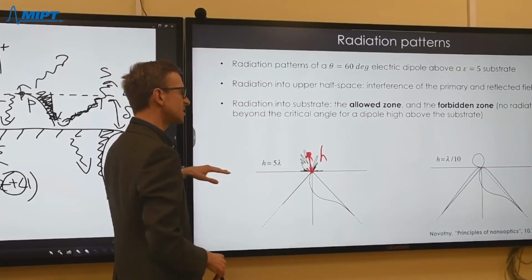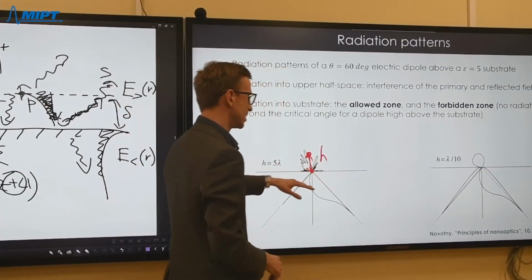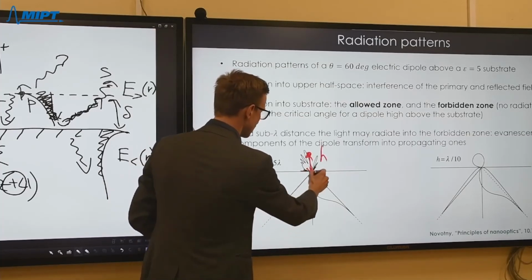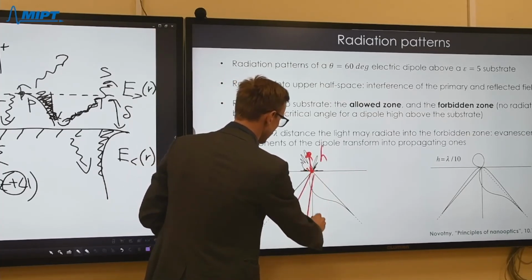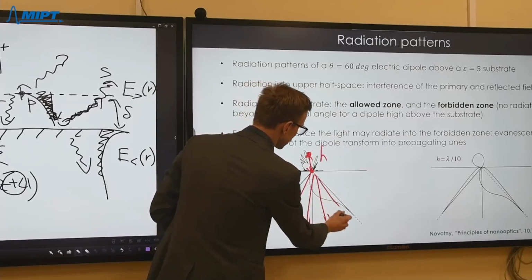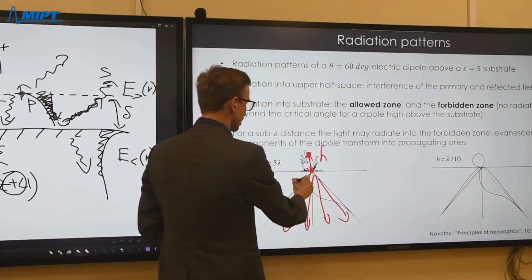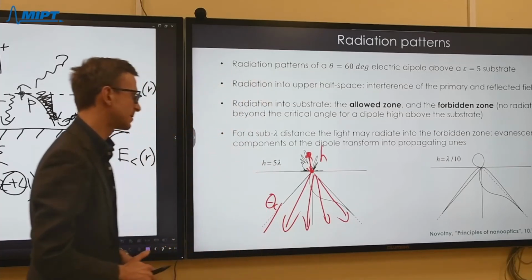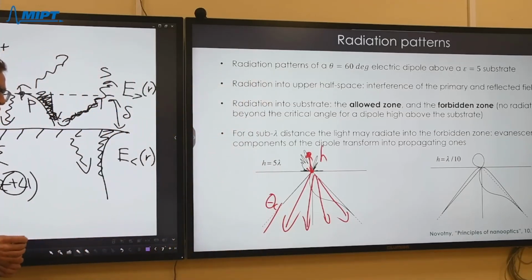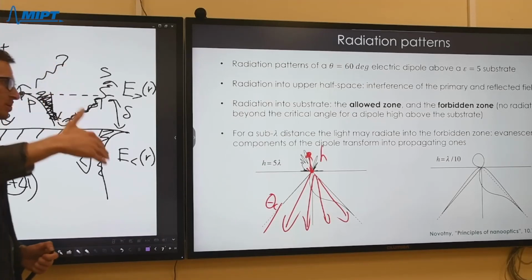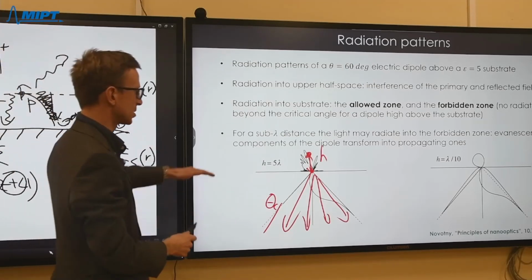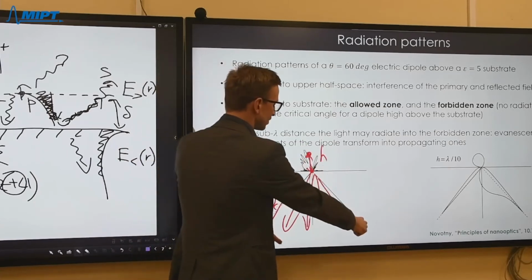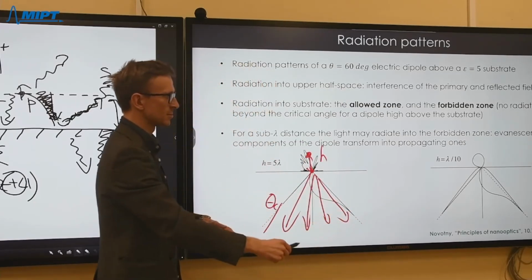When propagating waves are incident on a dielectric, they always get converted to radiation that propagates below the critical angle, theta critical, which is described by the total internal reflection formula. So any far field radiation sent onto the dielectric substrate always propagates below the critical angle in the substrate.